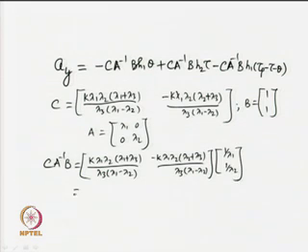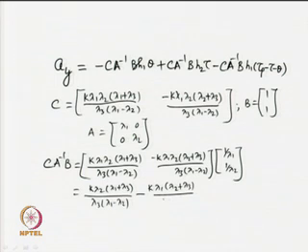So, when this is simplified, we get k lambda 2 lambda 1 plus lambda 3 by lambda 3 times lambda 1 minus lambda 2 minus k lambda 1 lambda 2 plus lambda 3 by lambda 3 times lambda 1 minus lambda 2, which is nothing but equal to minus k. So, interestingly we have found C A inverse B to be minus k.